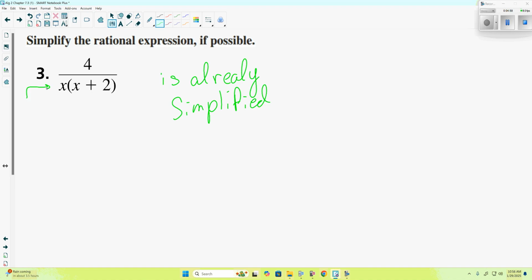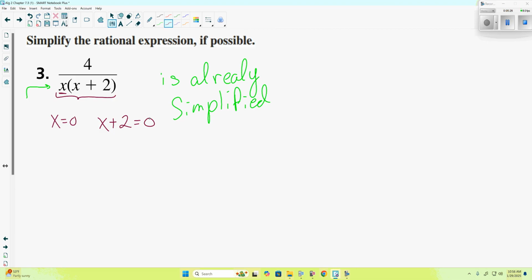So we do talk about restrictions. And the restrictions are whatever is going to make the bottom of this fraction be 0. There's two places here that it can be 0. One is with the x, and the other is with the x plus 2. And whatever value is going to make either one of these be 0, we can't have. If we're solving or using this, it can't be 0.